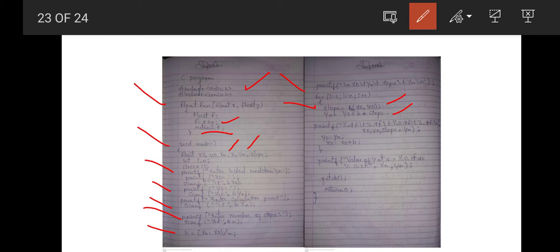Then we store y0 as yn and increase x0 by h. When i becomes greater than n, this will come out of the loop, and the last calculated value of yn is our result. So this is the program for Euler's method.